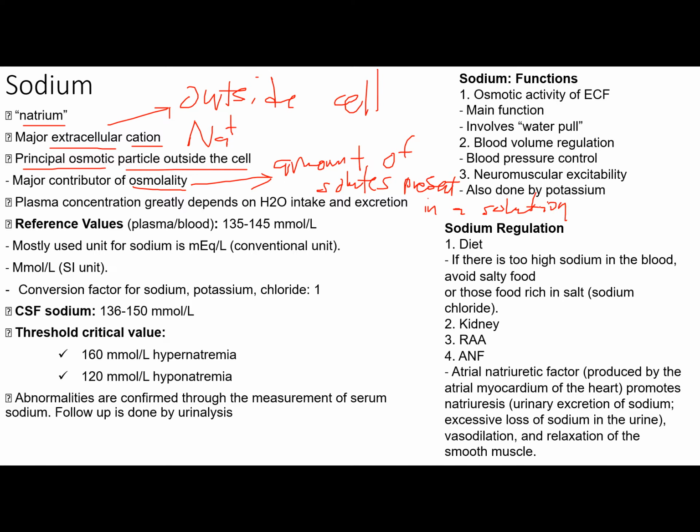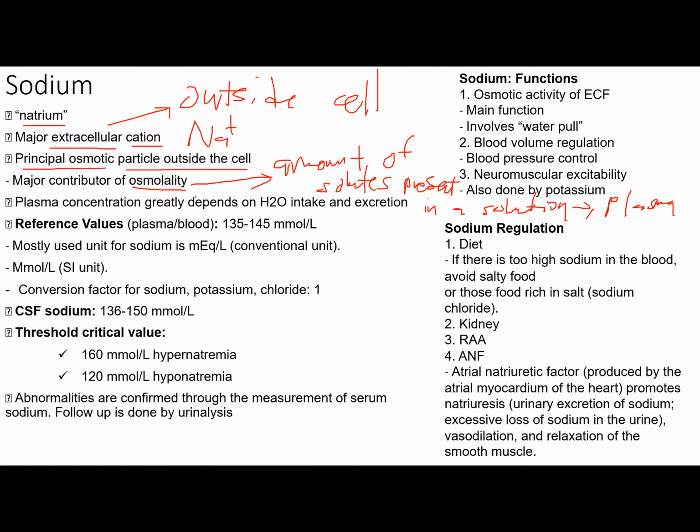Para mas maintindihan nyo, sa body natin, class, yung solute sa body natin, siya yung pinaka-major contributor. Meaning, siya yung pinakamadaming ion or siya yung pinakamadaming solute sa body natin. At ang solution dito is the plasma. In other words, class, your sodium is the major ion found in our blood.